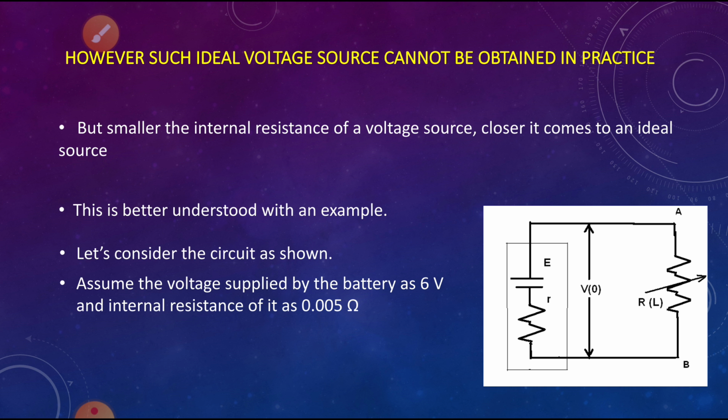Here E is equal to 6 volts and the internal resistance is very small, r equal to 0.005 ohms. Here 6 volts is the source voltage, and small r is 0.005, because being in series it should be kept as minimum as possible. If you increase that value, whatever your source generates is consumed by itself.